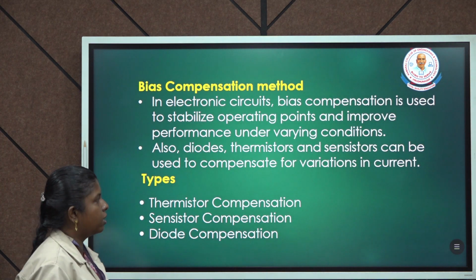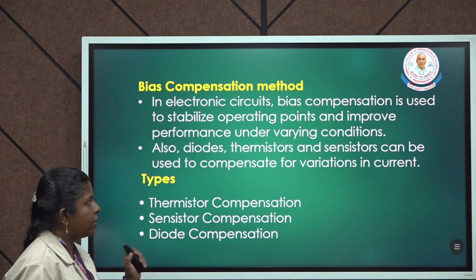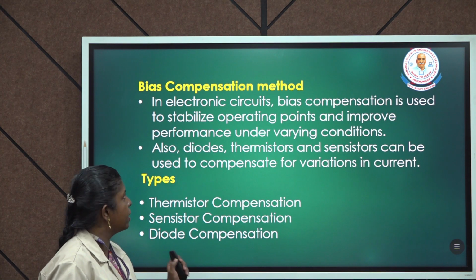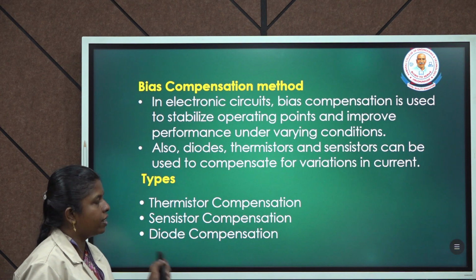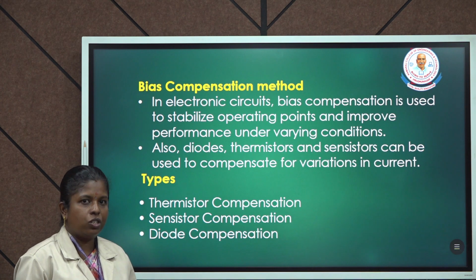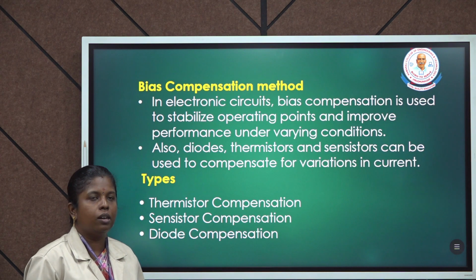In electronic circuits, biasing compensation is used to stabilize the operating points and improve the performance under varying conditions. Varying conditions here means changes in the collector current, the base current, and VBE, the voltage across the base and emitter.